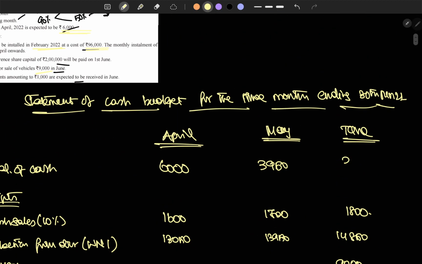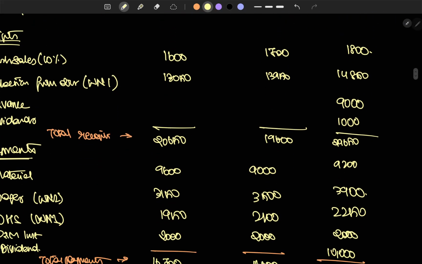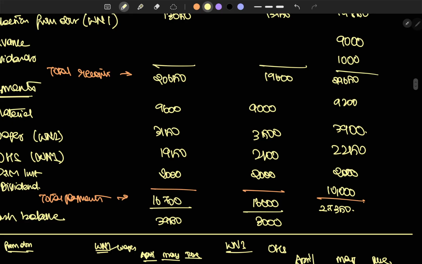Then 3,000 is 3,000. Okay, plus 1,800 plus 14,850 plus 9,000 plus 1,000, which is 29,650 minus 9,200 minus 3,900 minus 2,250 plus 2,000 plus 10,000.